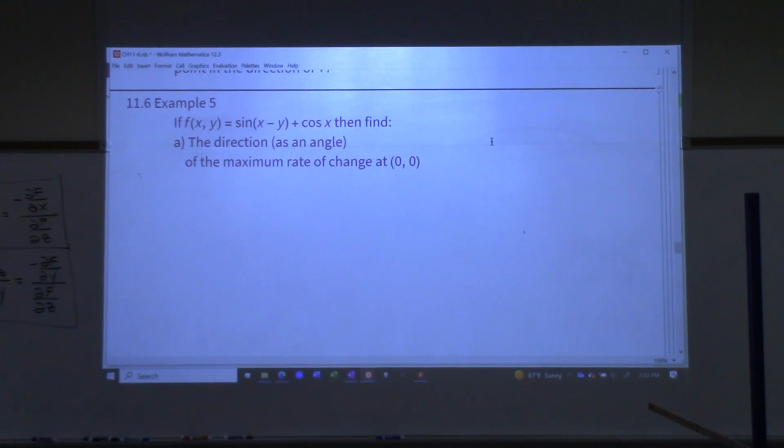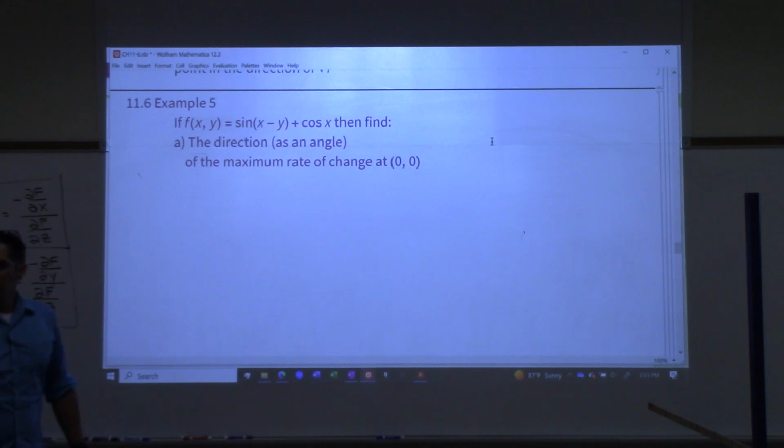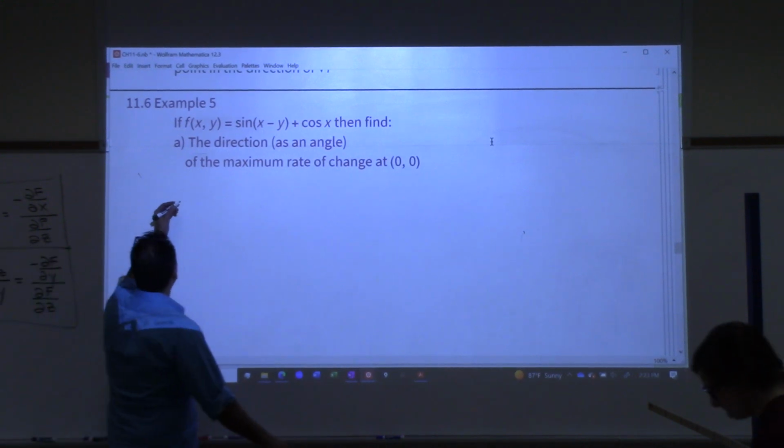Well, what do you think? What is it? Well, what direction gives me the steepest descent? The gradient vector, right? So that means I need to calculate the gradient vector at this point 0, 0. So I'm going to write this down.